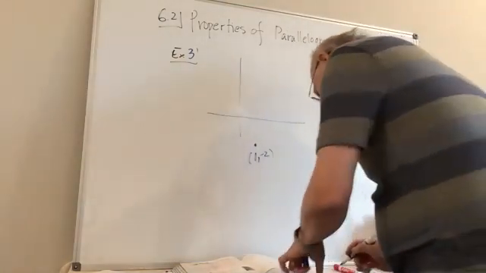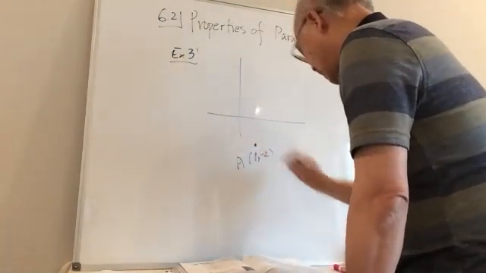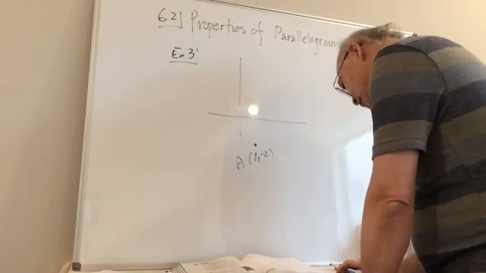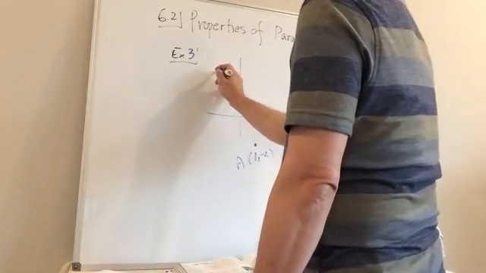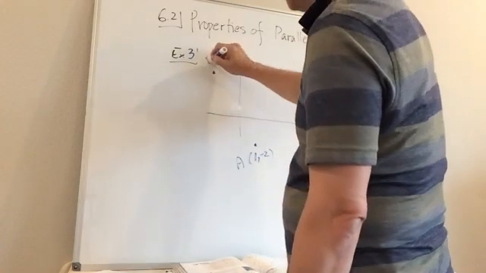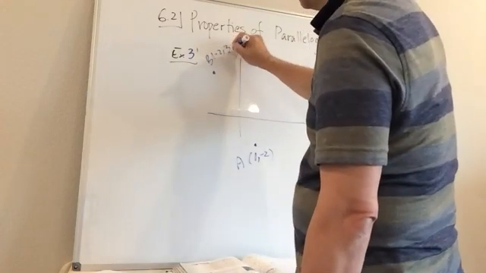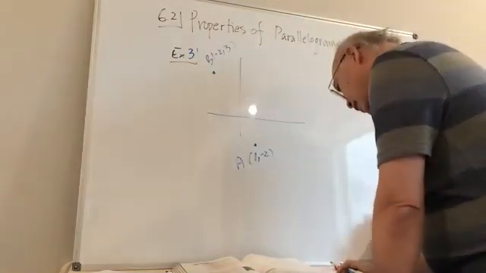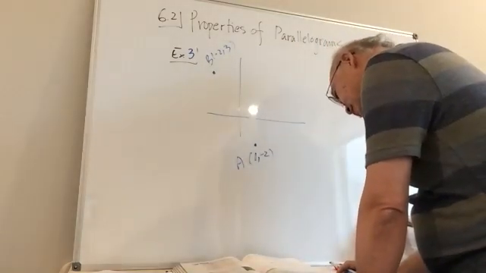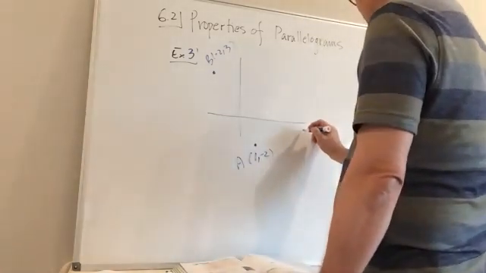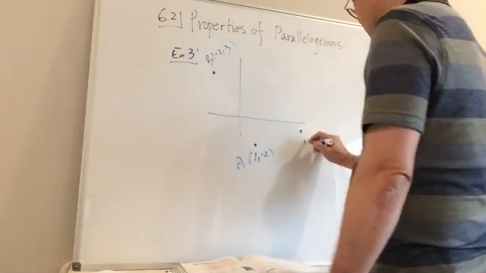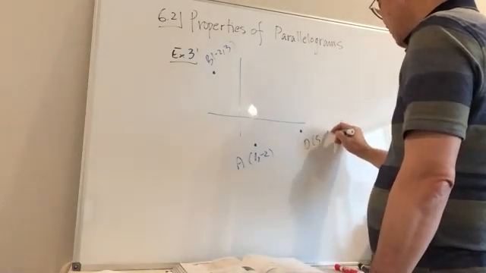That's A. And then we have B, which is -2, 3. And then we have D, which is 5 and -1. 5 and -1.